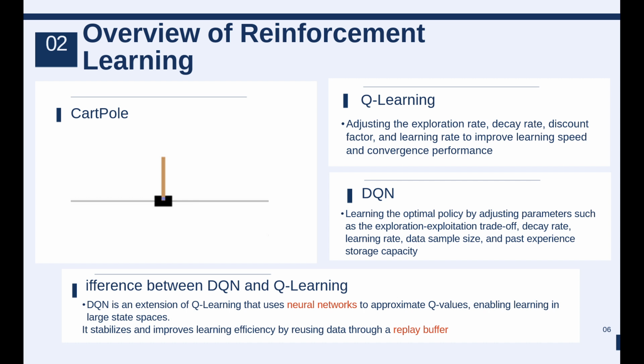This is because DQN is better suited for handling continuous state space and efficiently stores and reuses past experience through the replay buffer. Thanks to these characteristics, DQN can achieve better results compared to Q-learning.